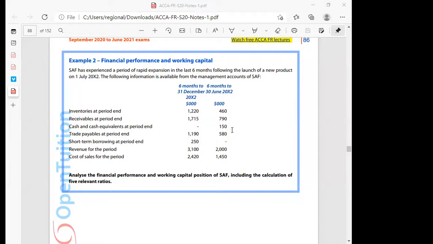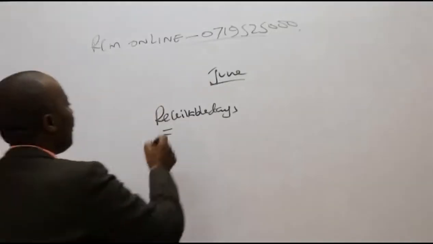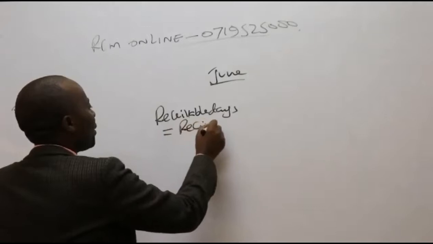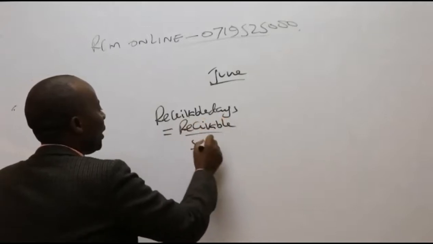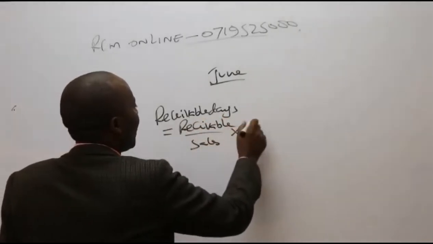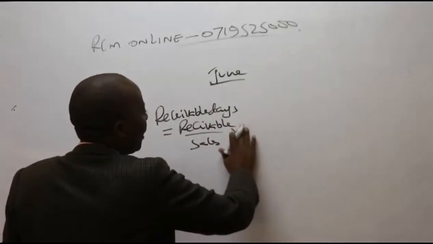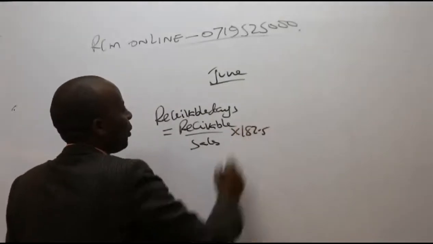Remember, the formula for receivable days: receivable comes from sales times 365, but because of the 6 months, now we have here 182.5.